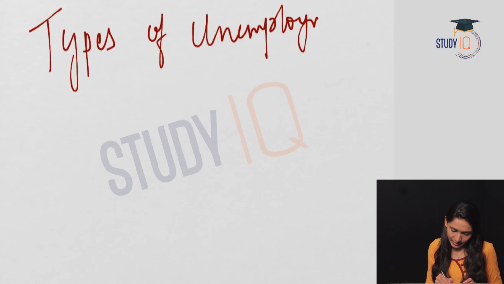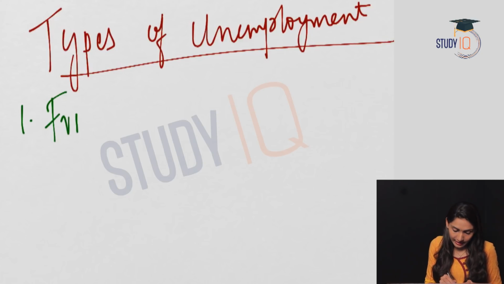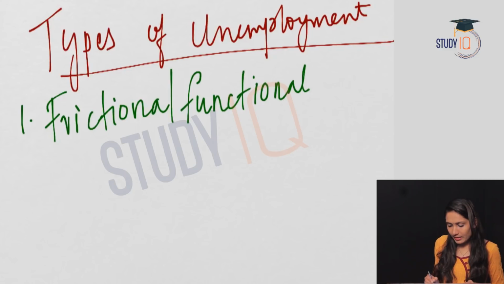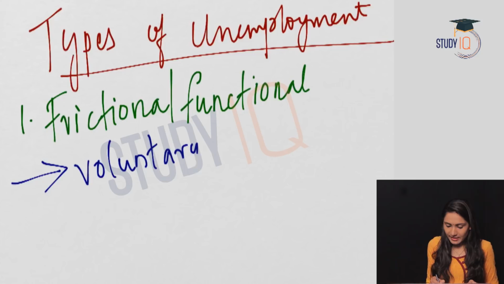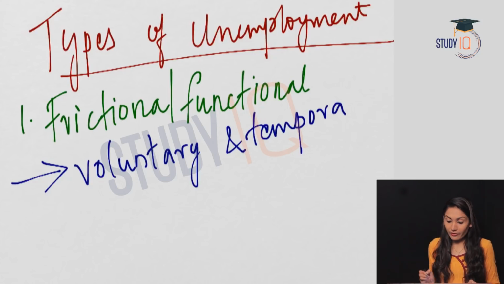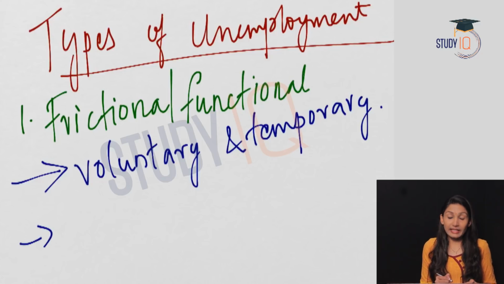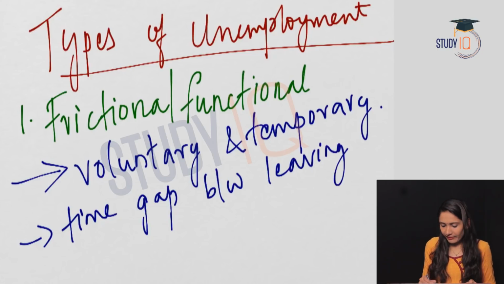Types of unemployment. The first type of unemployment is frictional or functional unemployment. This type of unemployment is mostly voluntary and temporary. So what is frictional unemployment? It is the time gap between leaving one job and finding another one.